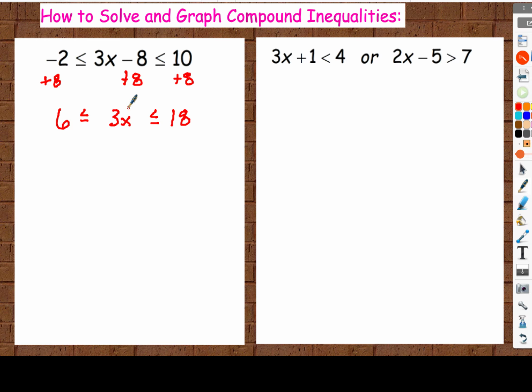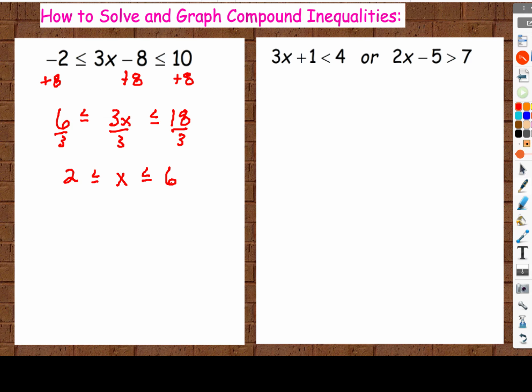So my next step would be divide by 3. But remember, I've got to divide all 3 parts so that in the middle I get just x. Notice my inequality symbols are still there. It was a +3 I divided by, so I don't need to flip the signs. 6 over 3 is 2. 18 over 3 is 6.